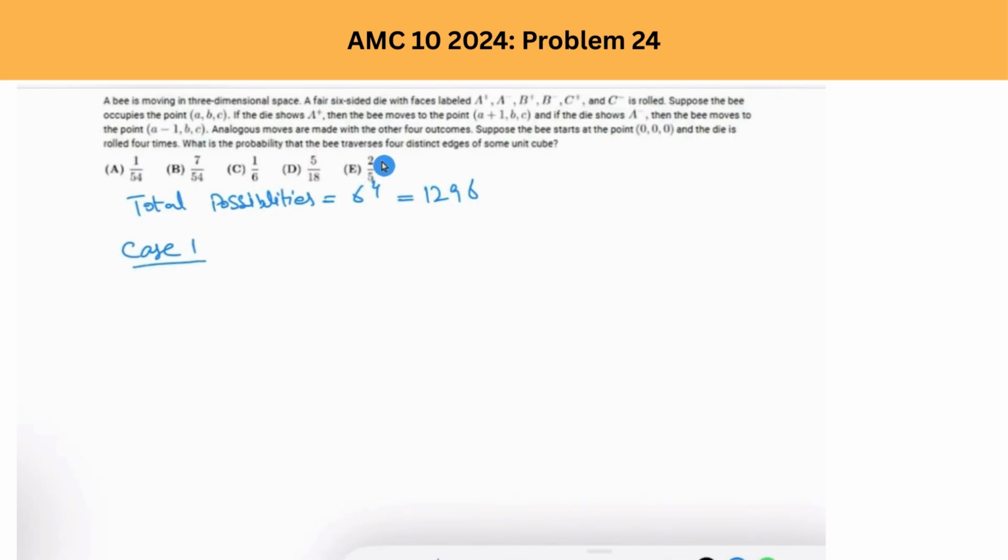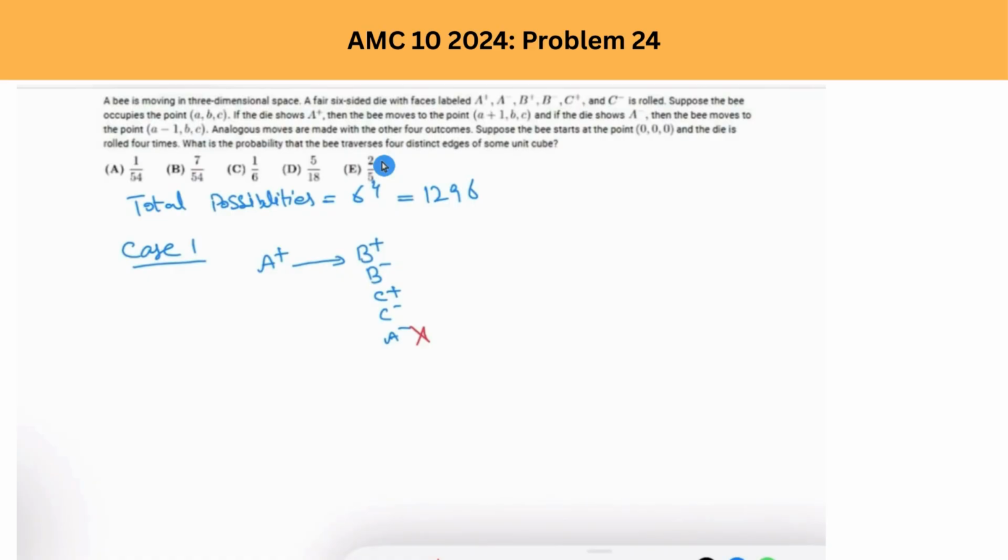The first possibility is to assume that at the beginning the face is A plus, right? And then if it is only moving in the plane, it can go to B plus, B minus, C plus, C minus. However, it cannot go to A minus. The reason is if it goes to A minus, then it will go back to A plus. So we have basically 4 options now.